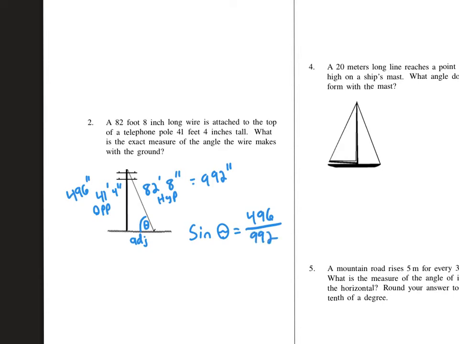So the fact that those are large inch numbers isn't going to really affect us. All we want to do now is move the word sine over to the other side, and when we do that it becomes arc sine. So theta equals arc sine of 496 over 992, and I can do that in my calculator. Arc sine of 496 divided by 992, and I get 30 degrees.